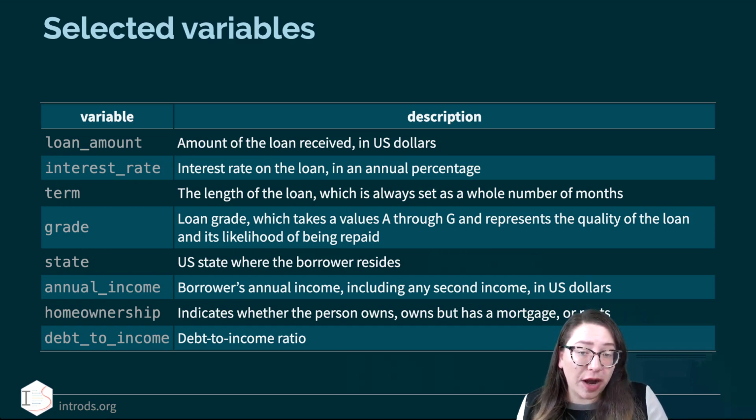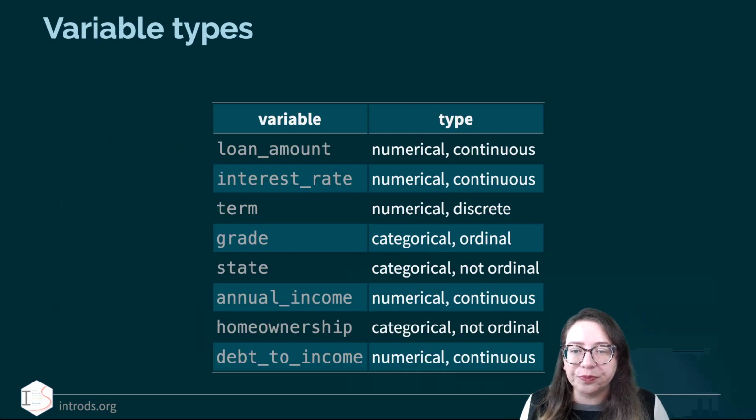Annual income is the borrower's annual income. Home ownership indicates whether the borrower owns but has a mortgage or rents their residence. And debt to income ratio is, well, debt to income ratio. If you have more debt than your income, then that number should be above 100%. And if it's lower, then your income is higher than your debt.